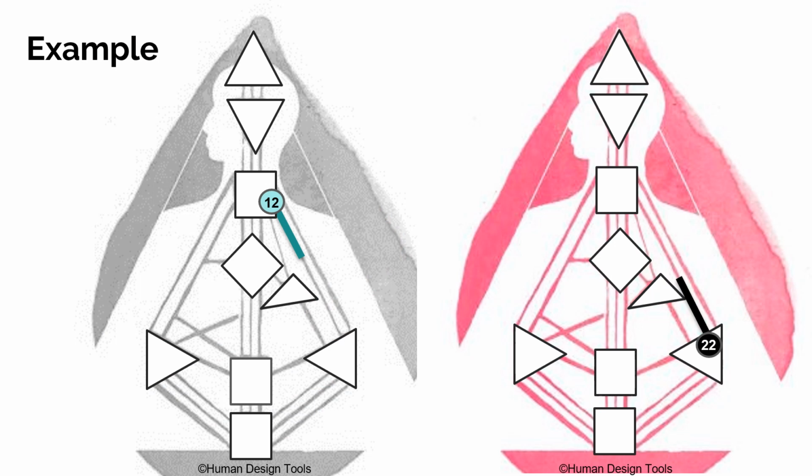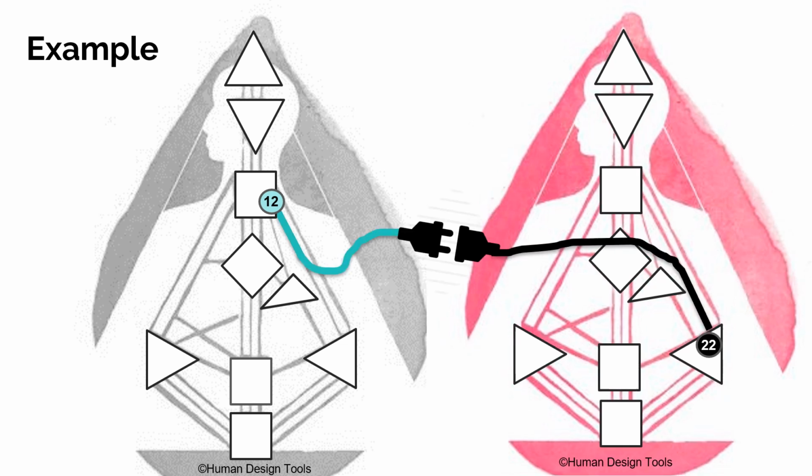So how does this actually work? Here's an example of how it works in the human design chart and how it might show up in the real world. The person on the left here has a hanging gate 12, and the person on the right has a hanging gate 22. They are both like magnets attracted to each other. They want to connect. They're getting close, and they start to connect, kind of like plugging into each other, like if they were 2 plugs.